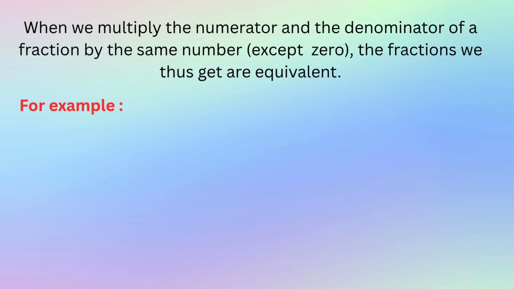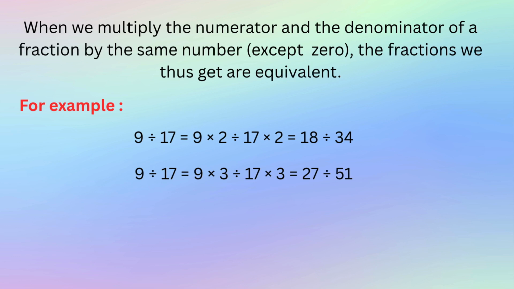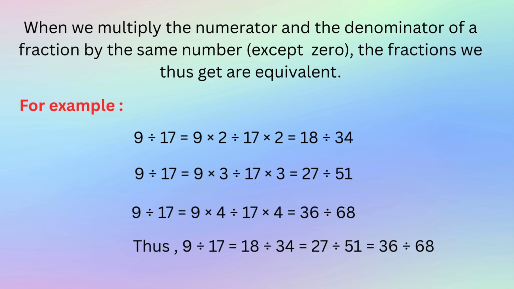For example, 9/17 equals (9×2)/(17×2) equals 18/34. 9/17 equals (9×3)/(17×3) equals 27/51. 9/17 equals (9×4)/(17×4) equals 36/68. Thus, 9/17 equals 18/34 equals 27/51 equals 36/68.